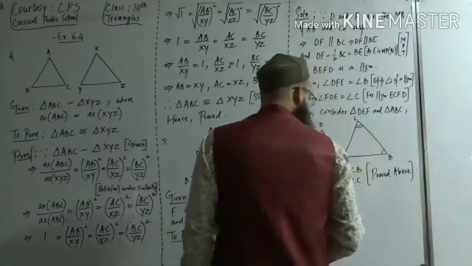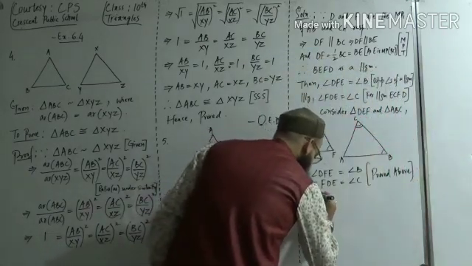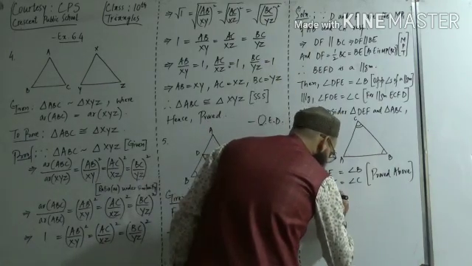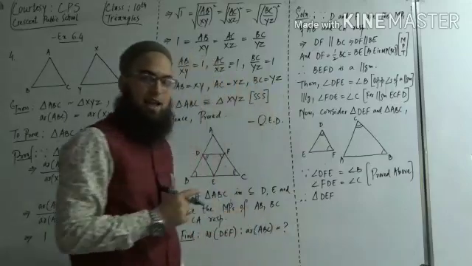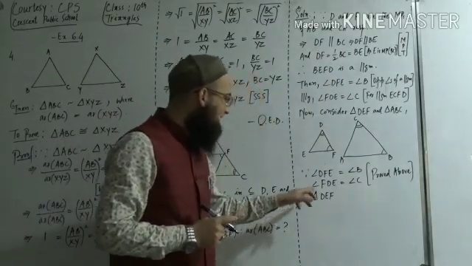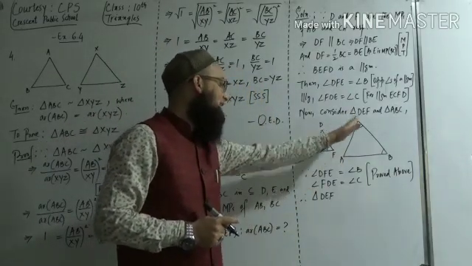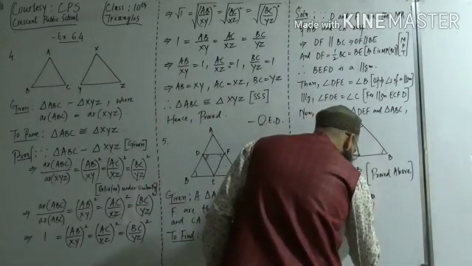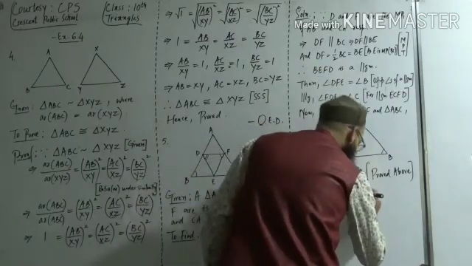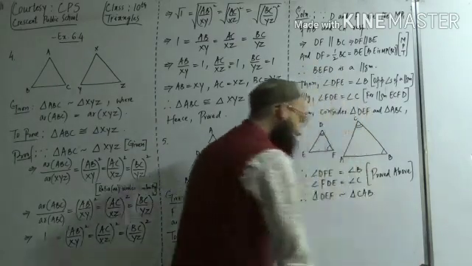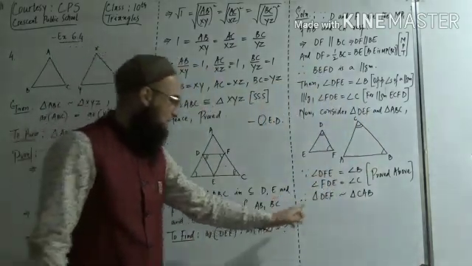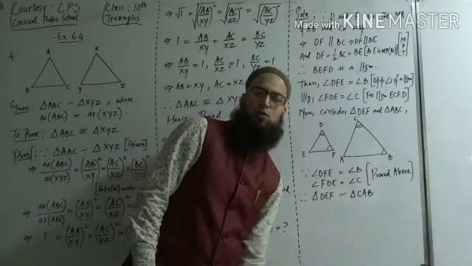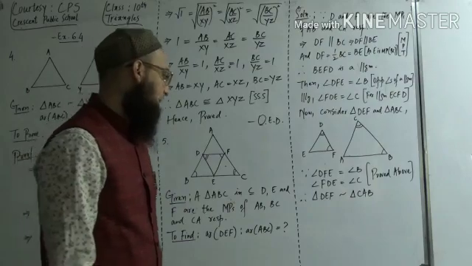Therefore what I got? Triangle DEF is similar to triangle CAB. Here you cannot say ABC, because D must correspond to C, E must correspond to A, and F must correspond to B.